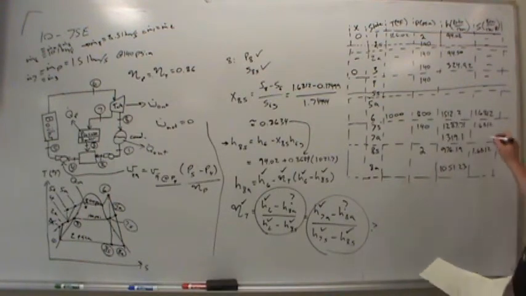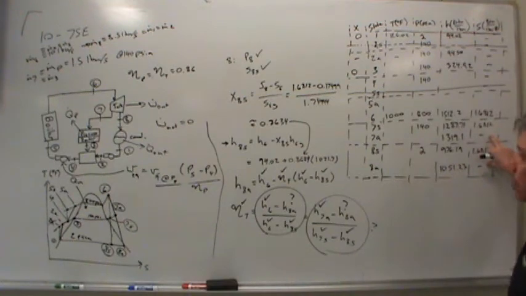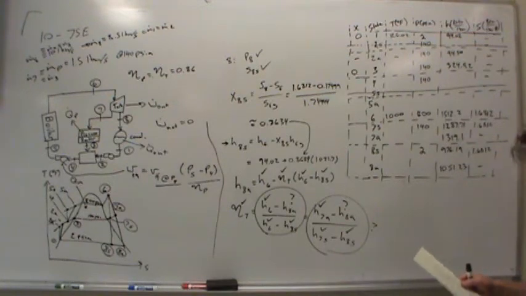Now I don't really care what the entropy actually is here. I could look it up, I could figure it out, I'd probably have to interpolate it. I don't care, I've got the enthalpies and that's what I really came for.